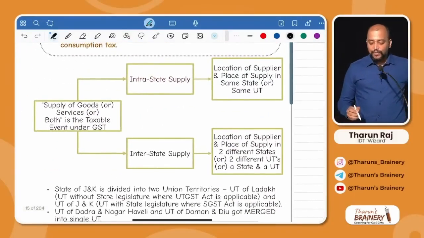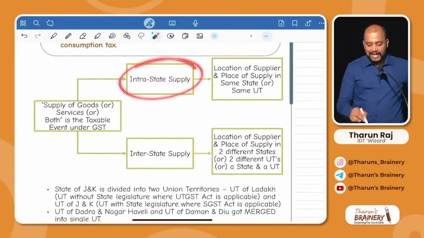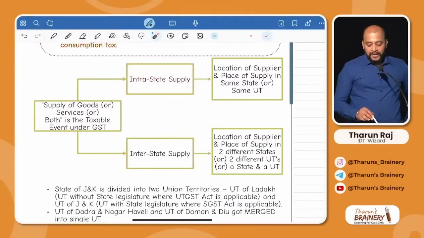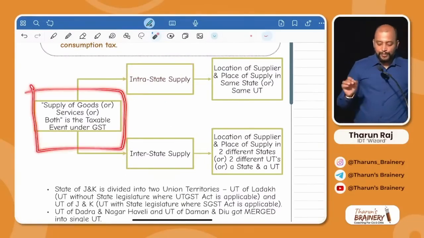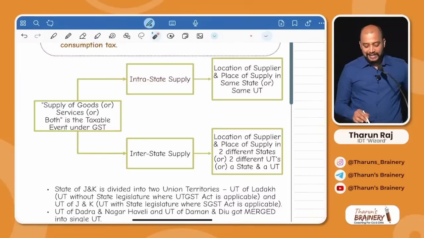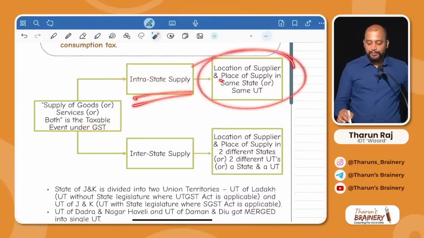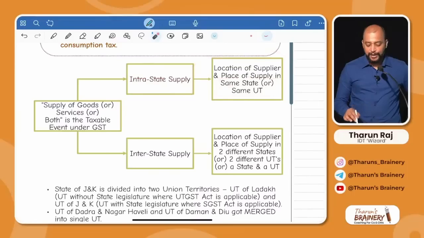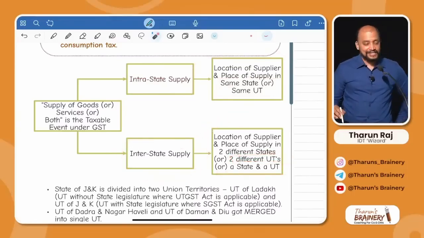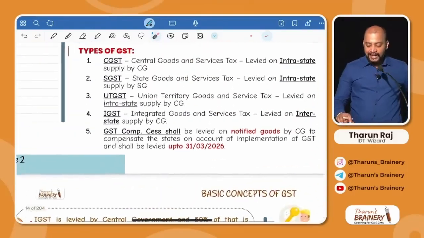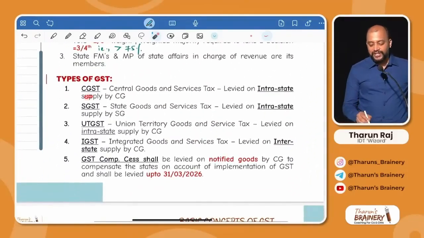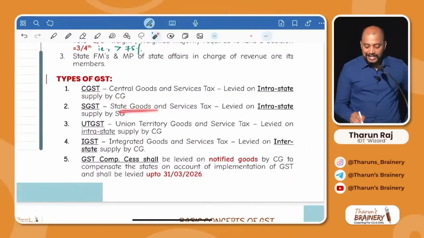Next page you can see the meaning of intrastate supply and interstate supply. Whenever supply of goods or services or both happens, that is a taxable event under GST. Intra means location of supplier and place of supply in the same state or same union territory. Inter means two different states, two different union territories, or a state and a union territory. And if it is intra-state, what is the type of GST? CGST and SGST.